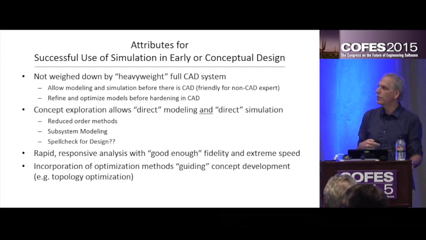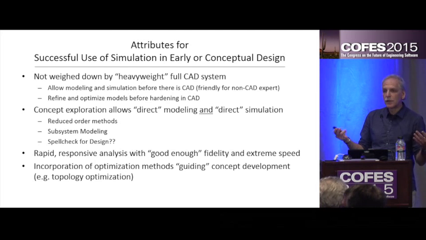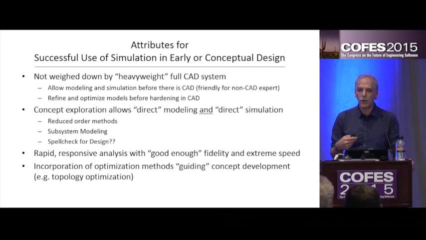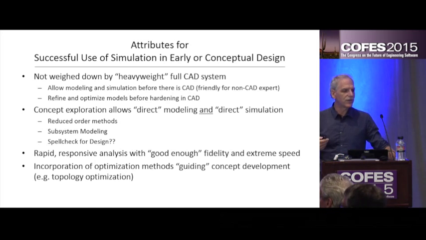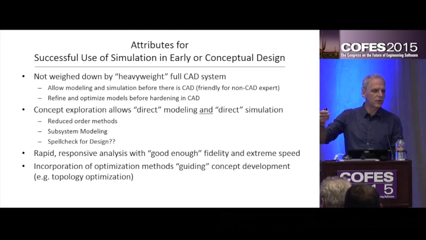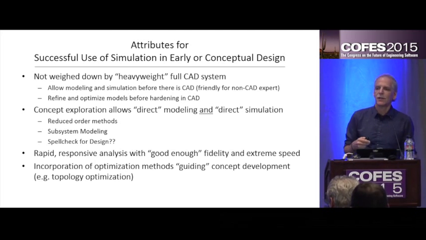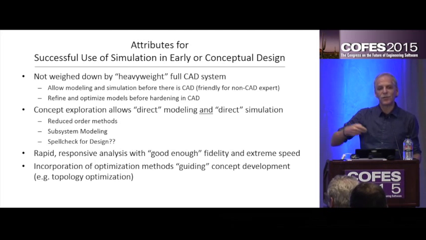They need to allow you to explore direct space, sort of the analog of direct modeling, so you can get at it correctly. You need things like reduced order methods, subsystem modeling, this concept of spell check for designers. So if you make a change, the system says, hang on, that's not going to work. And then you go, okay, let me put it back. Or even better, you right-click and it tells you the right design. We'll get to that eventually.